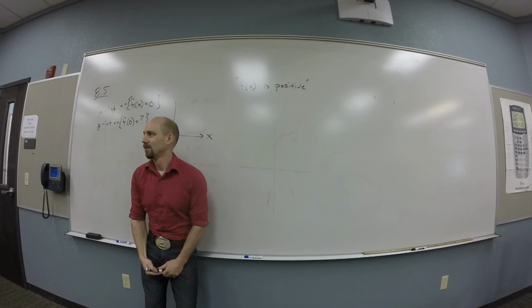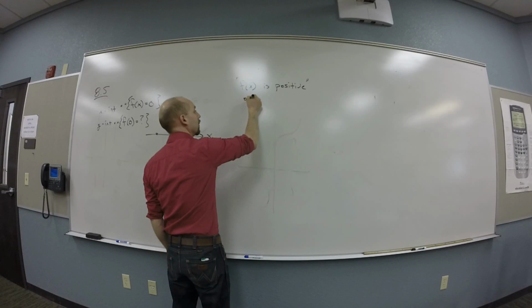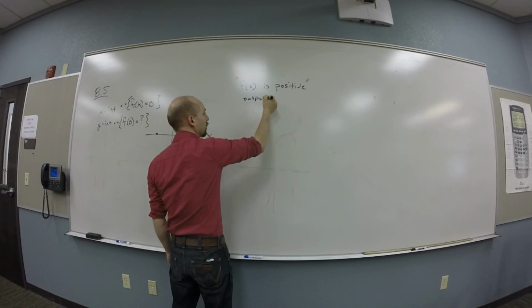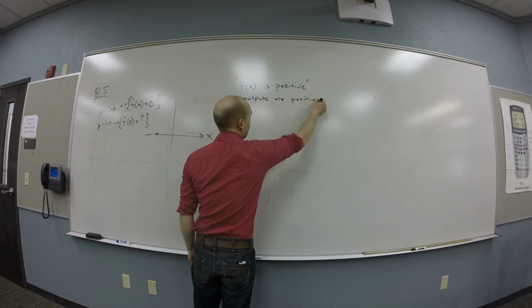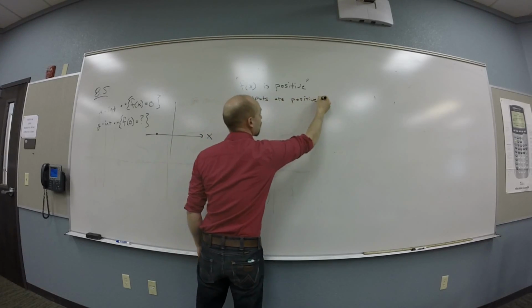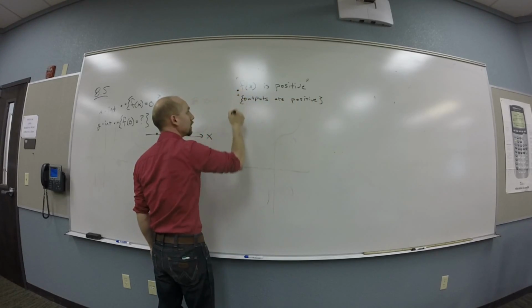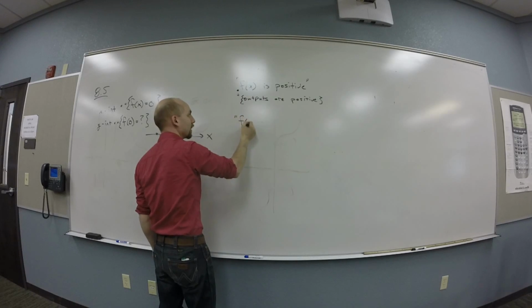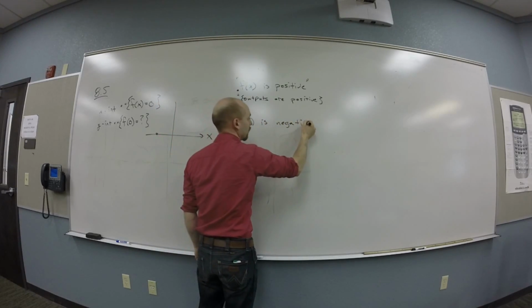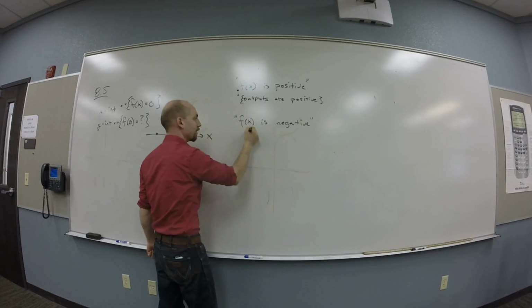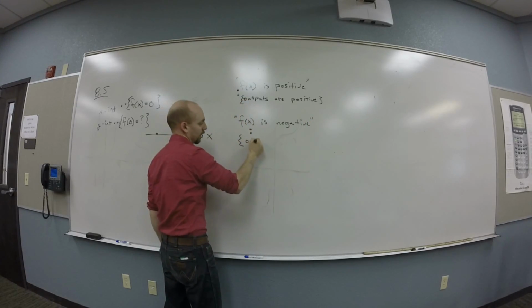You guys see that? So outputs are positive. That's really what we want to think for this guy. How about if we said f of x is negative? Yeah, exactly. We'd really think to ourselves, oh, outputs are negative.